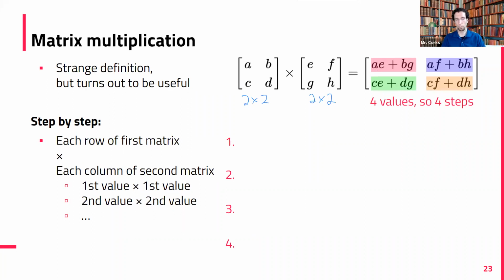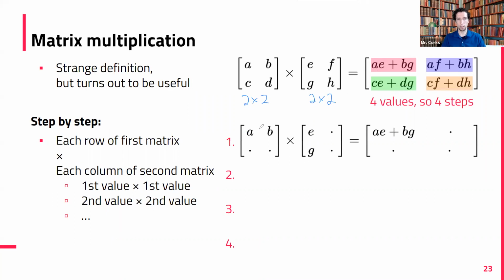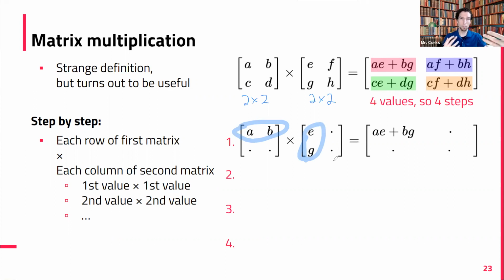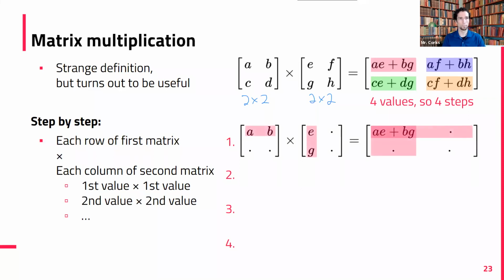There. 4 big steps. The first step is, as I said, the first row times the first column. How do we multiply a whole row by a whole column? Well, there we match up the individual values. So we take A, the first value that we have, and then the first value here, A times E, that's here.